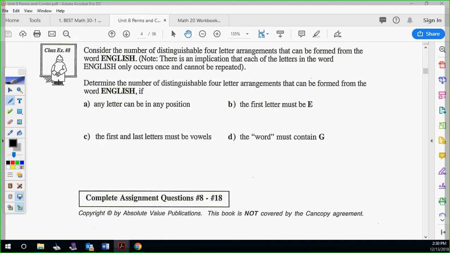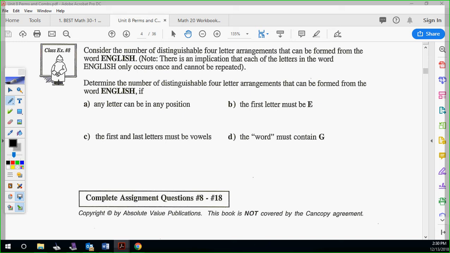Okay, so here's what we're going to do. Determine the number of distinguishable four-letter arrangements that can be formed from the word English if any letter can be in any position. So what that means is, when they say stuff like this, picture the word English's letters in a bag, and you're grabbing them out one at a time. So there's 1, 2, 3, 4, 5, 6, 7 letters.